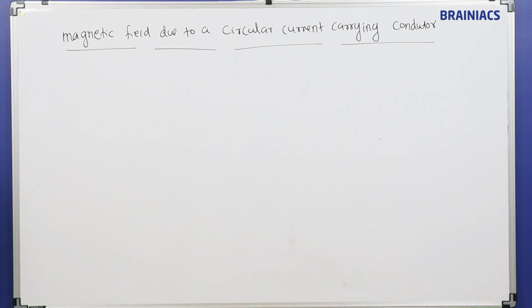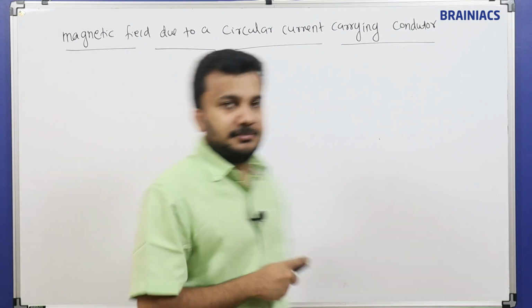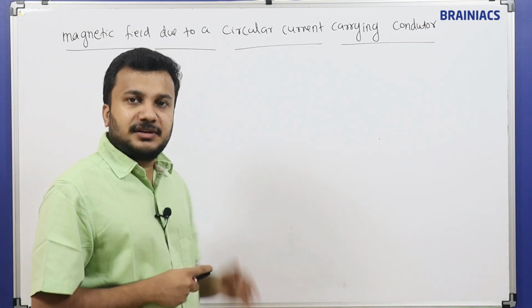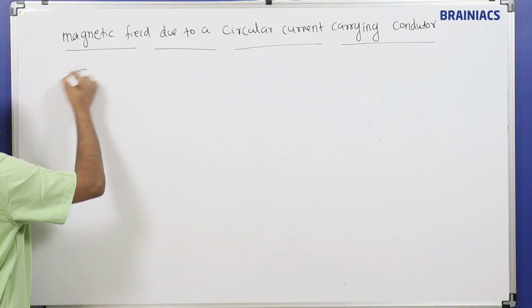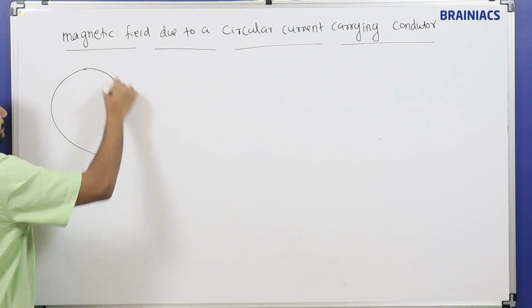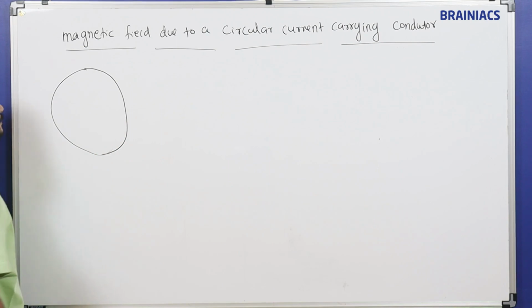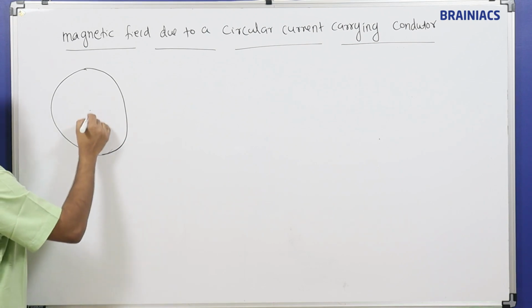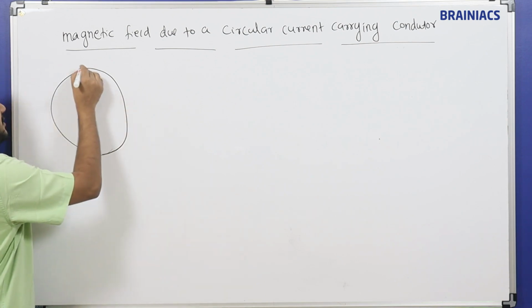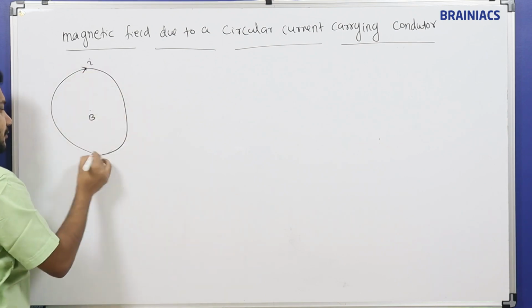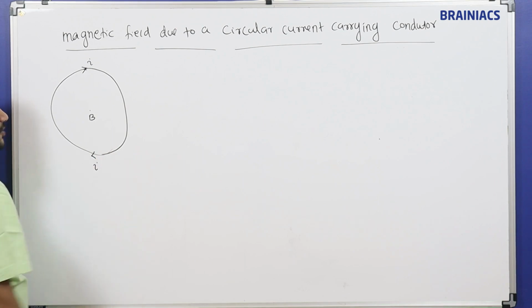And we'll see a lot of sums or numericals from this session. We'll start with the first concept. We have a circle, listen very carefully, and we are going to find the magnetic field at the center. The circle is carrying a current I flowing in a circular fashion.